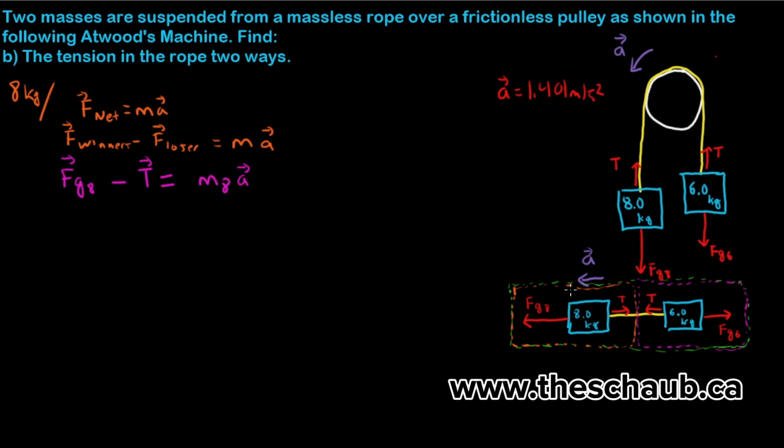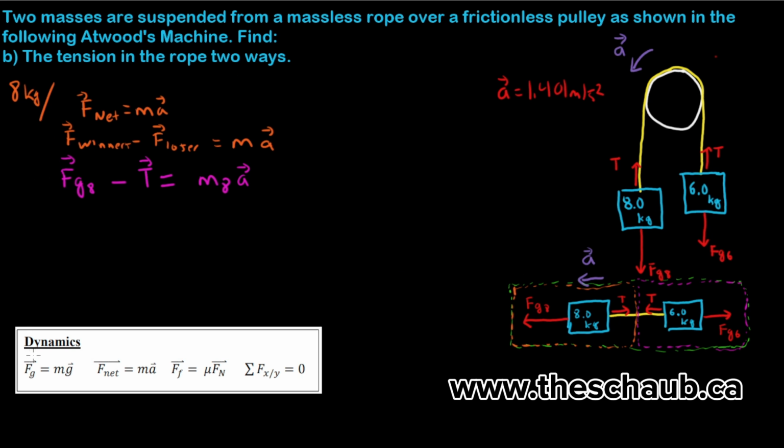It's only the mass of the 8 kilogram block because remember, we're only analyzing the system for the 8 kilogram block. Once again, looking at our formula sheet, our Fg is equal to mg. So our Fg8 is equal to the mass of the 8 kilogram block multiplied by gravity. Subtract from this the tension, what we're looking for, and this is equal to m8 multiplied by the acceleration.